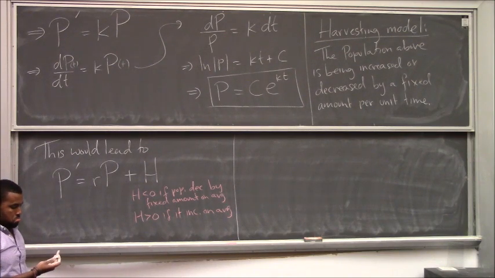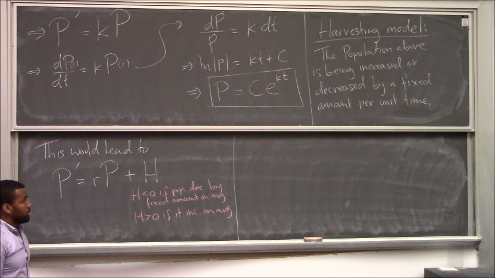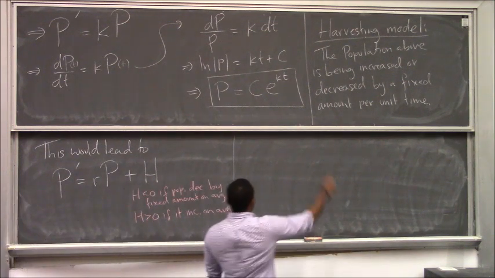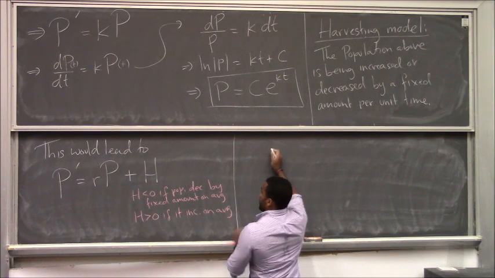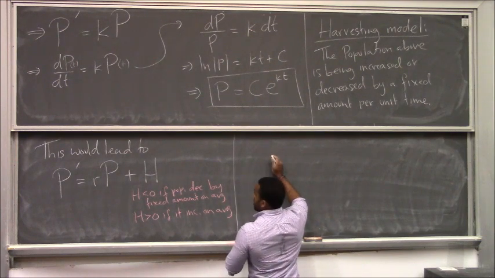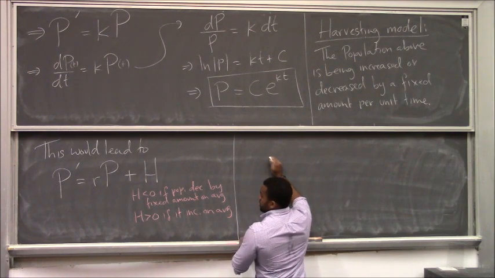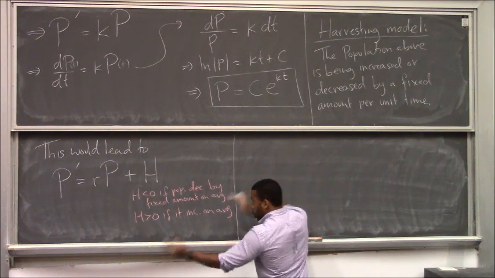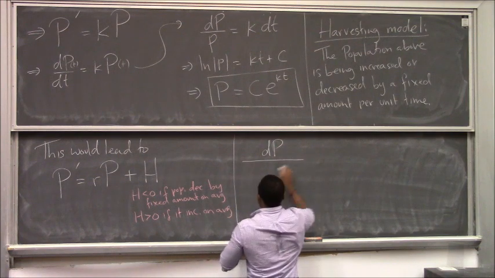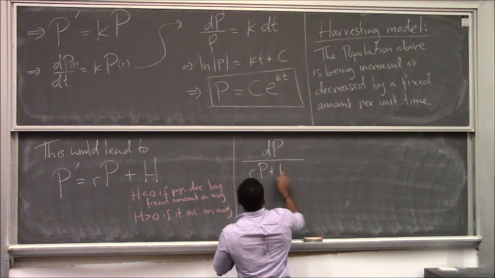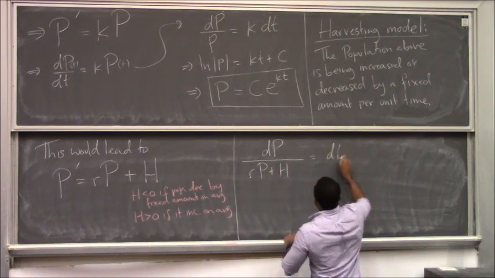Is anyone done? Maybe. Okay. How do you do it? I moved rP plus h to the right side. I turned P prime into dP over dt. And then move dt to the right side, and you divide by the whole right side. So you have dP over rP plus h equals dt.